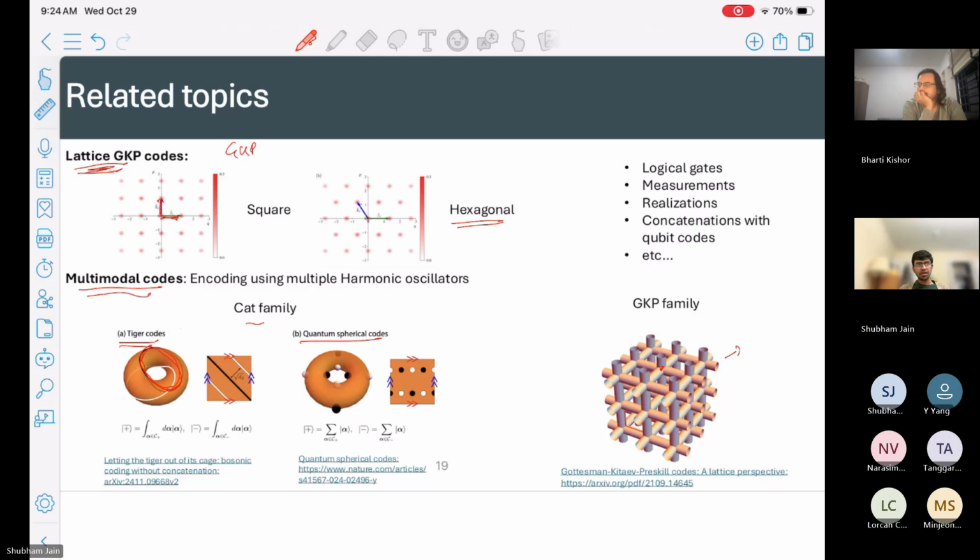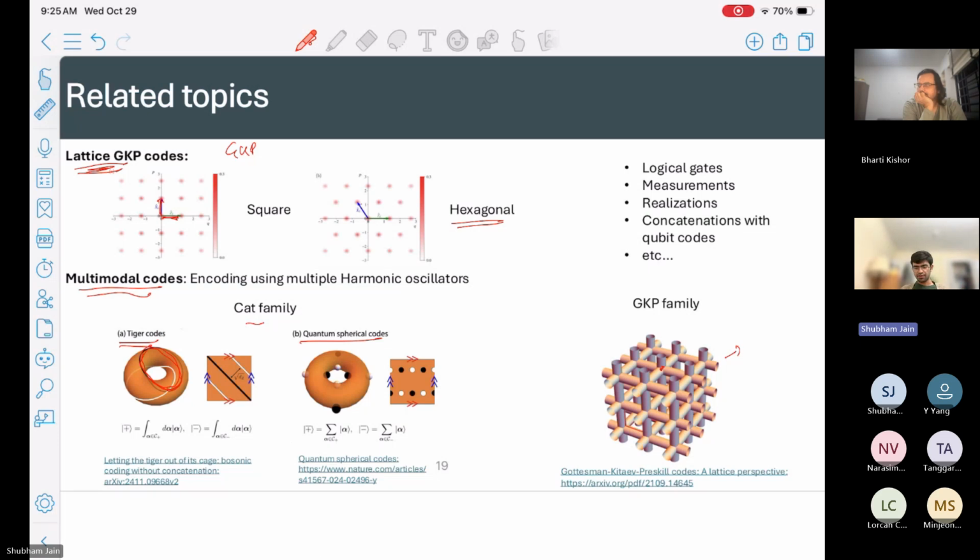And these have very interesting geometric properties, which essentially guarantee that you can protect against the loss error channel. And then the separation between these curves tells you how much dephasing you can correct.